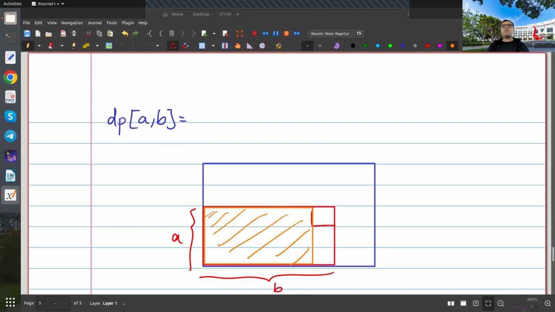So I first sum up all of those elements, and that's, of course, dp of A and B minus 1, right? The first A rows and the first B minus 1 columns. Now I'm going to do something similar, but for the rest of them. So let's say I do it like this. I take these elements.